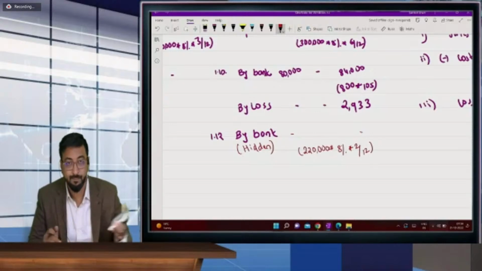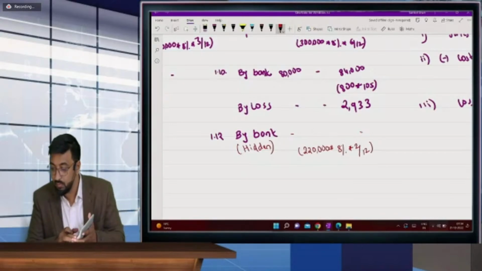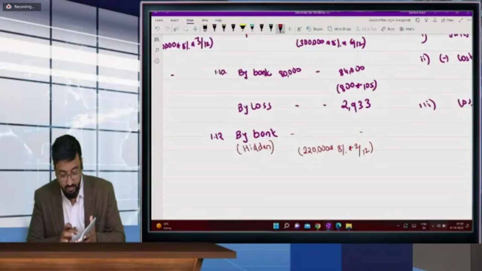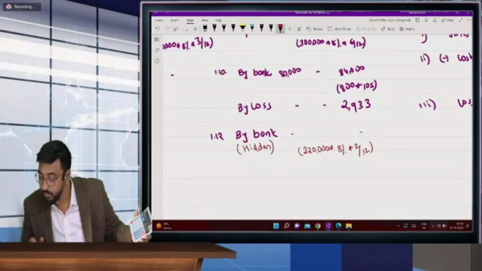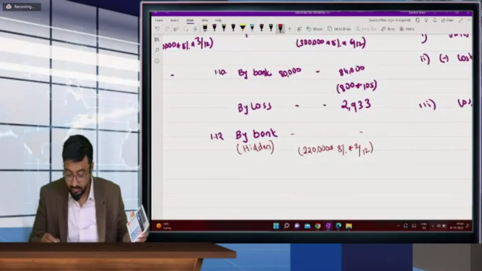Divided by 6. 2,20,000 into 8%. Correct? How much did you get, beta?